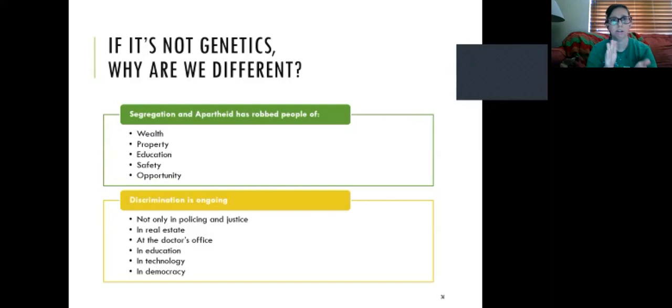And in democracy, one thing that's come up is where polling locations are. There are polling places available more in white neighborhoods than in Black neighborhoods. There's more opportunity to vote, not to mention gerrymandering and other ways that discrimination shows itself.